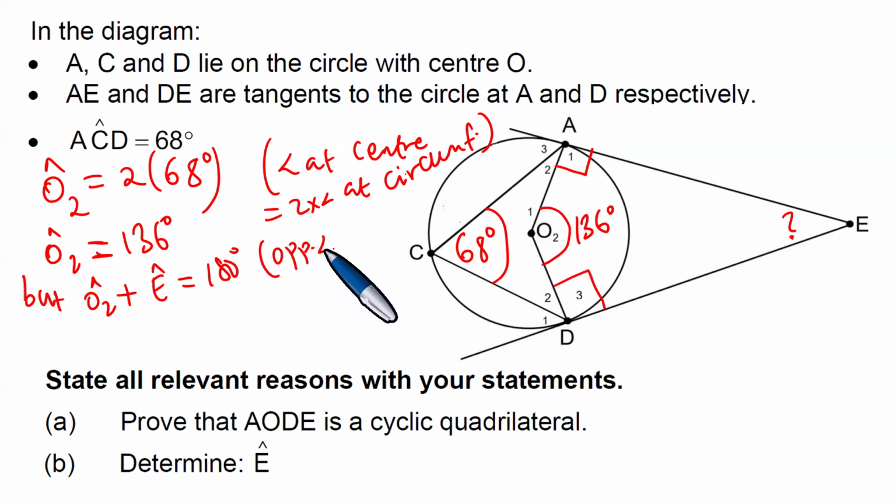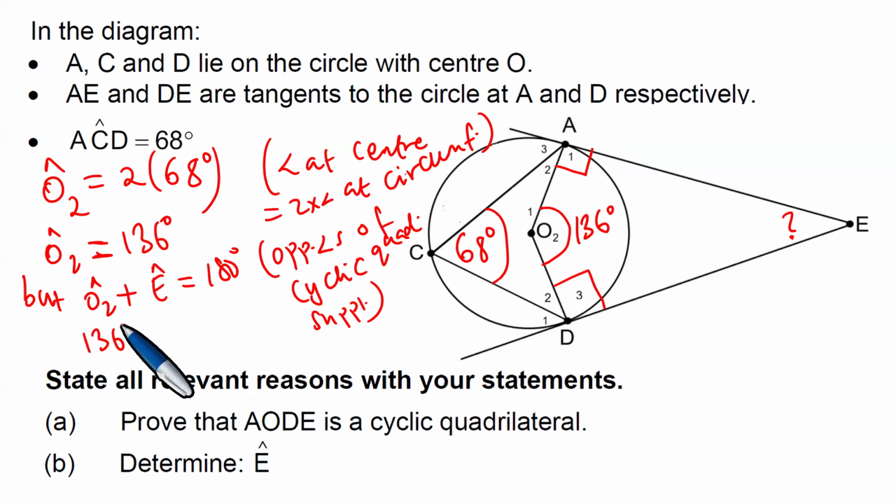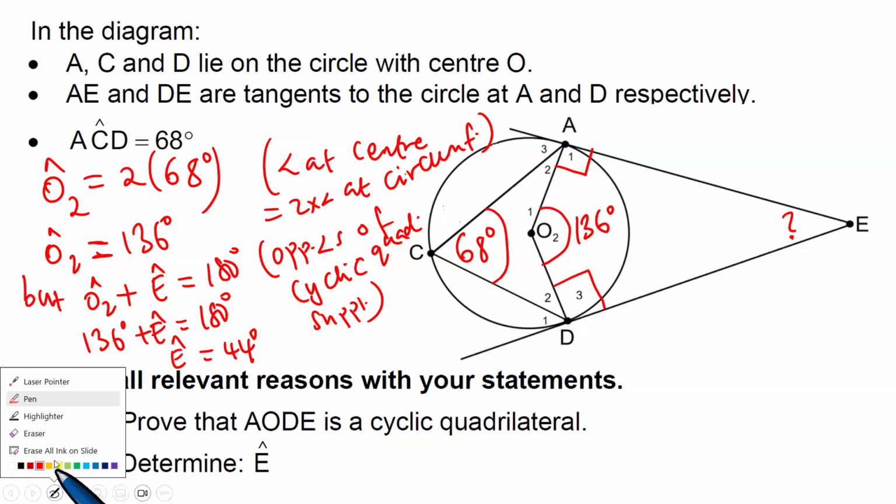So the opposite angles of a cyclic quad are supplementary. So that in the end, we have 136 degrees plus angle E, which is 180 degrees. And therefore, angle E is 180 minus 136, which is 44 degrees. So that in the end, we have that this angle here is 44 degrees.